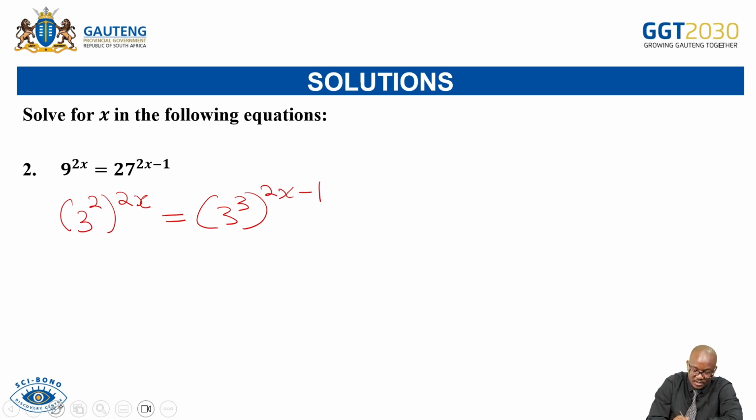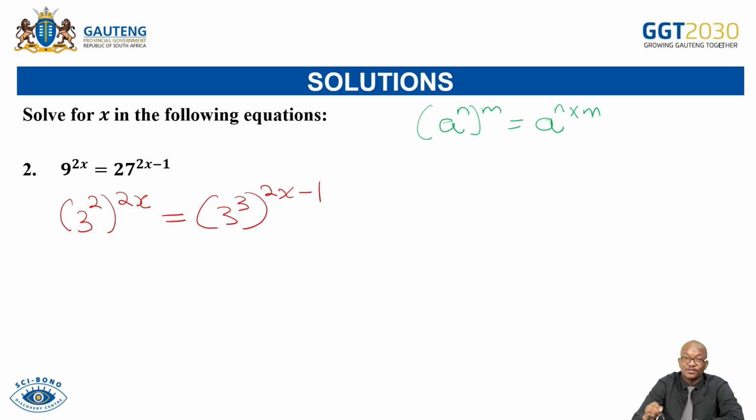So how do we then deal with this one? We are going to apply our basic rule of exponents where you have, let's say, a to the exponent of n, and you have also the exponent of m. Then you are going to say this is a to the exponent of n multiplied by m. That is the basic rule of exponents when you're dealing with such brackets.